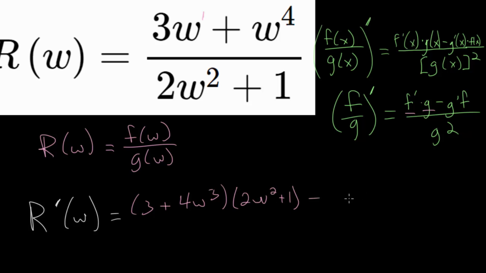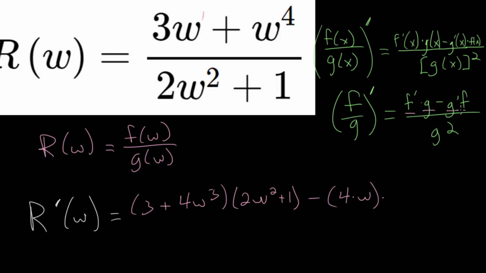Then we subtract the derivative of the bottom function. We just apply that power rule. We bring the 2 down in front. We get 2 times 2, which is 4. And we subtract that exponent by 1. For the second term, it's a constant, and we know the derivative of a constant is 0. The rate of change of a constant is 0. They do not change. Then we multiply by that numerator function.